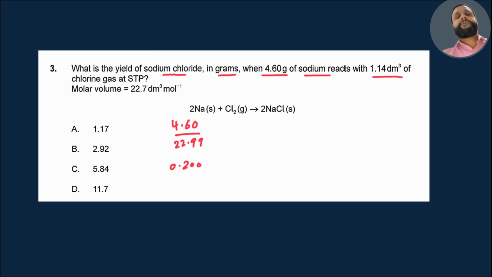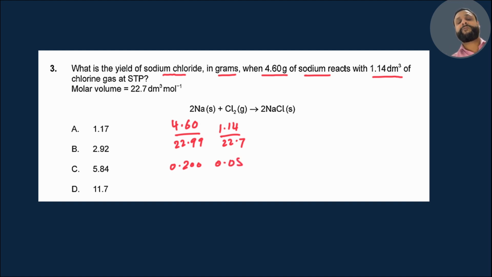We can work out the moles of chlorine. We know n is equal to V over 22.7, so V is given in dm cube, so 1.14 divided by 22.7, and that will give us 0.050.